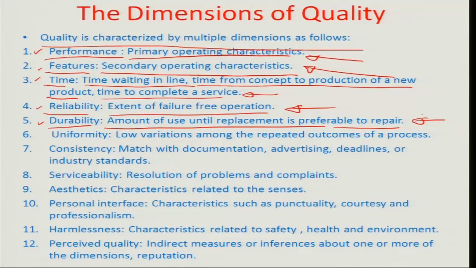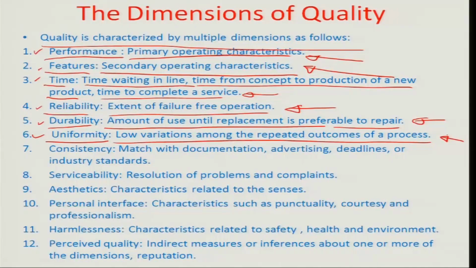Obviously, uniformity is an important quality dimension. So, low variations among repeated outcomes of a process. We are talking about, let us say, production of a circular shaft, a cylindrical shaft by turning process, and there the uniformity could be concerned with the variability in the output dimension, that is the diameter of a particular shaft.